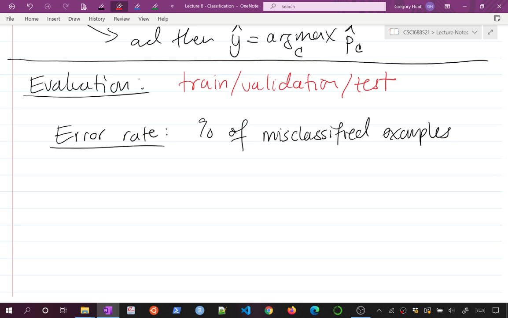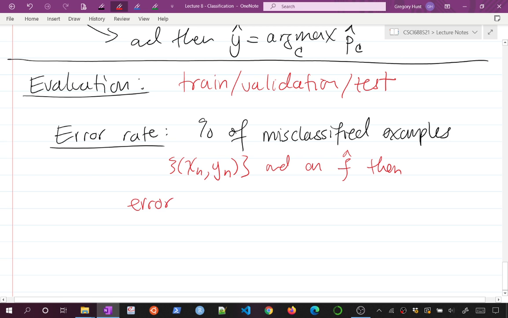So let me just write out mathematically, if I have some xn's and yn's, and some candidate f hat, and I want to evaluate f hat and say how well does it do, then my error rate is defined as the percentage of misclassified examples. But again, you could write it as a mean of indicators, right?